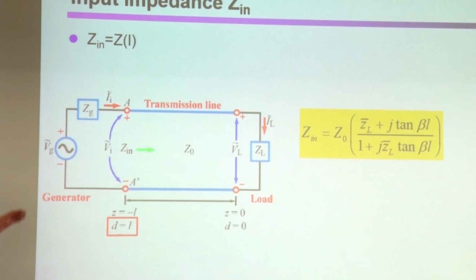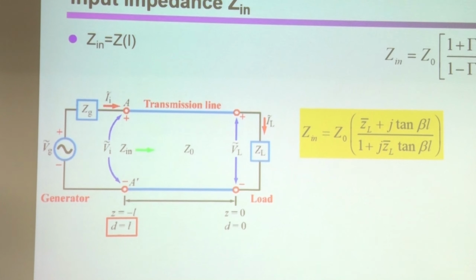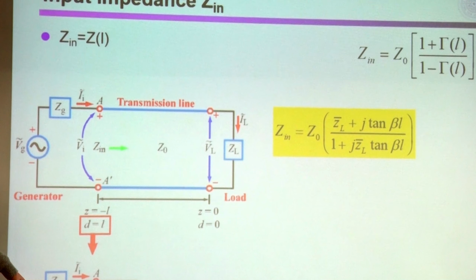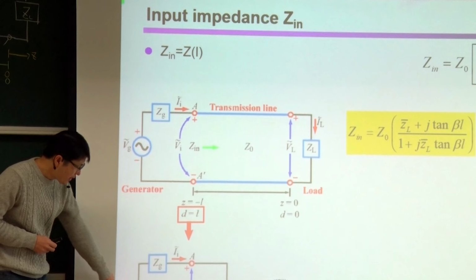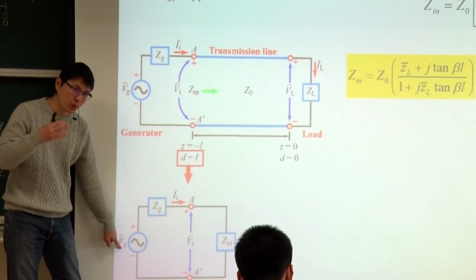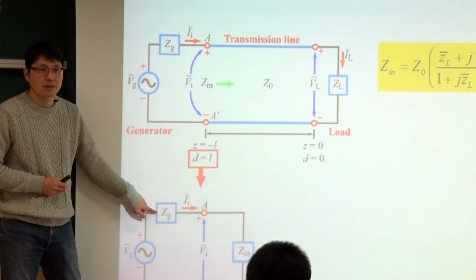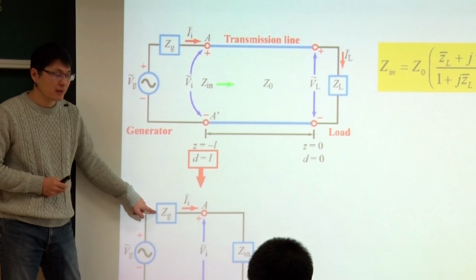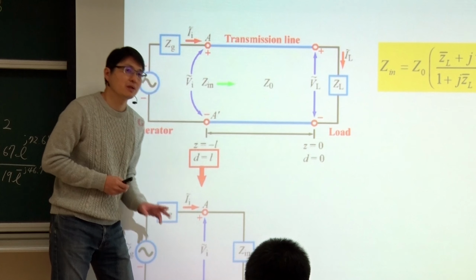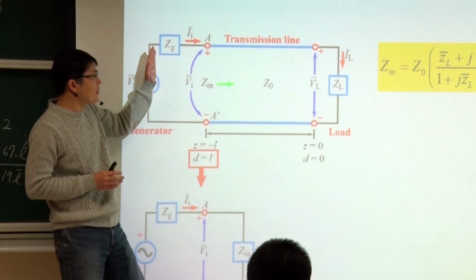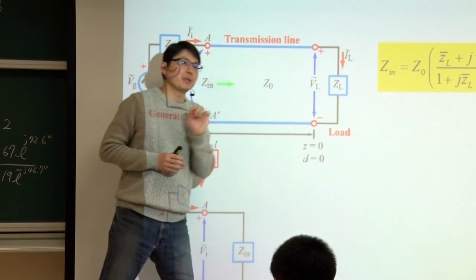But once we know the input impedance, this is the equivalent circuit that we are working on. We have our generator, which is providing some kind of voltage. It has its own impedance, and then it's connected to this input impedance. The input impedance is the entire transmission line plus the load impedance.